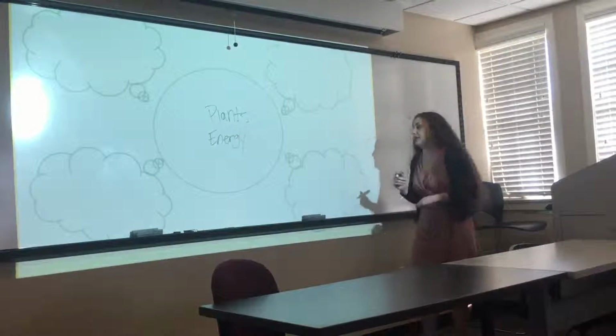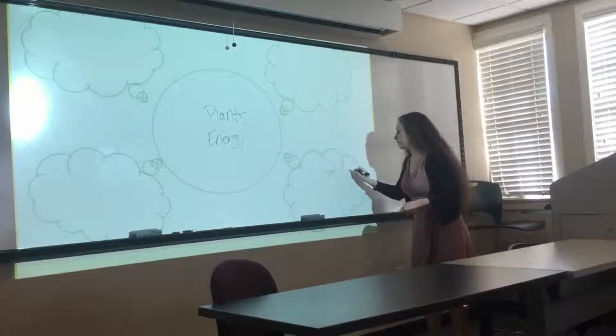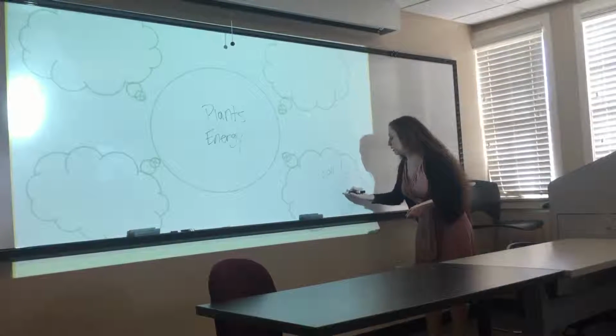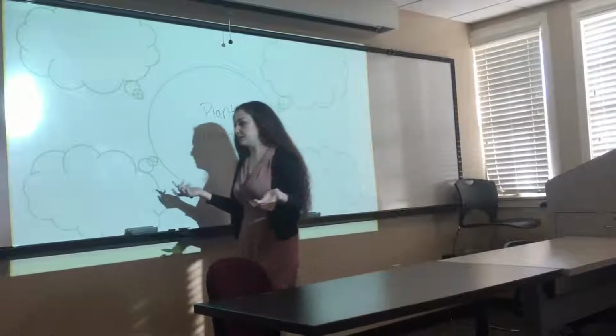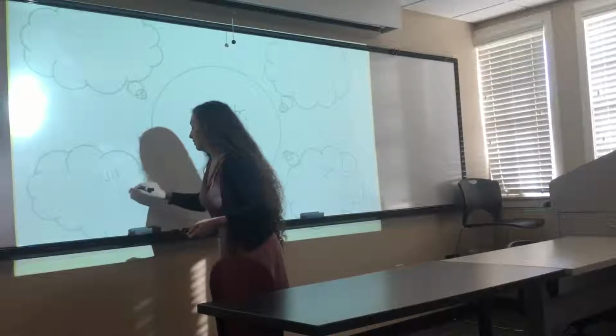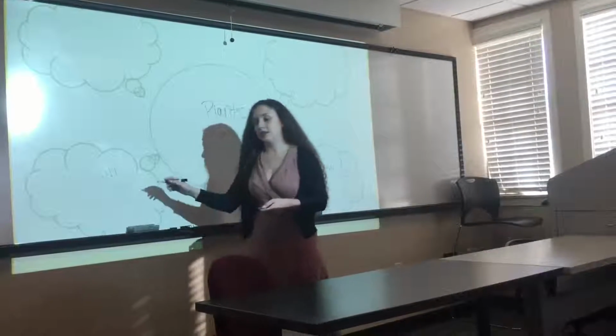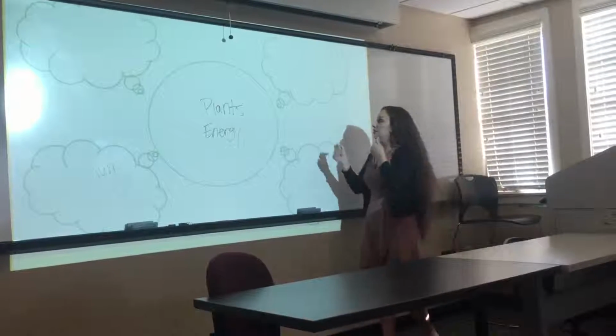I know some of you are saying that maybe they get it from the soil. That's a good idea. So my plant is in lots of nice rich soil. How else? Okay, the sun, that's a good one. The sun might help them get some energy. What else do we think?